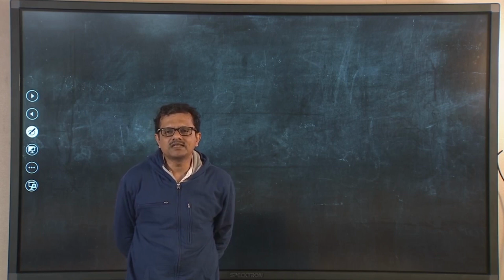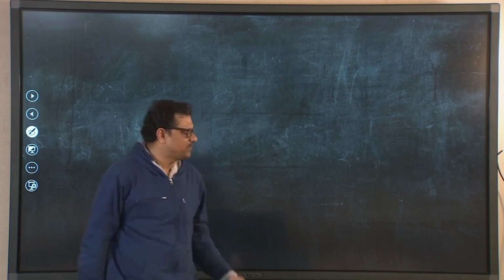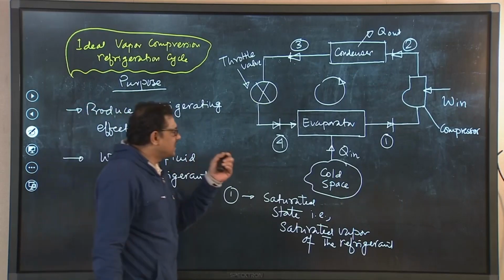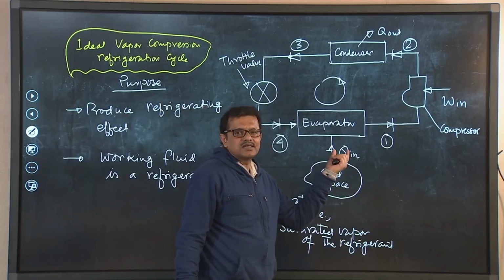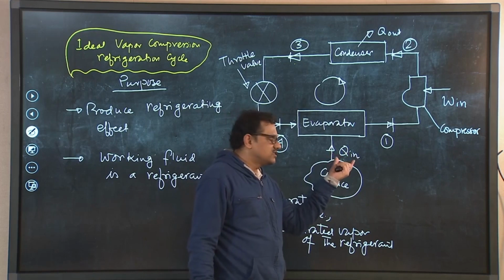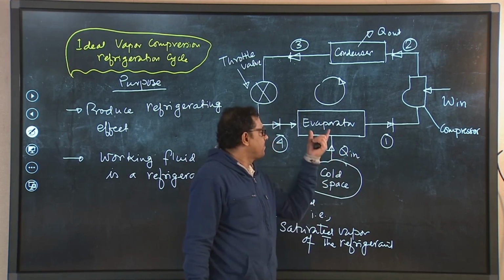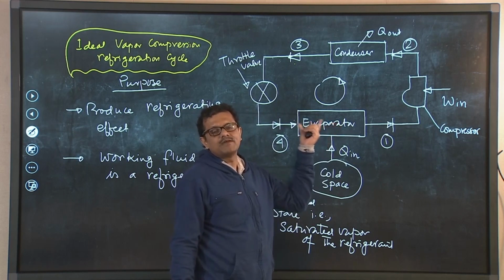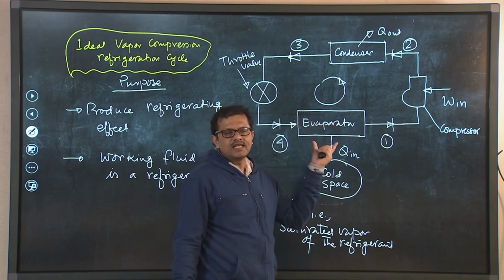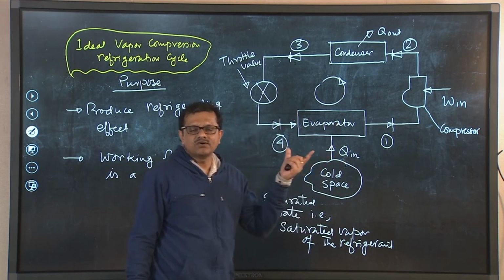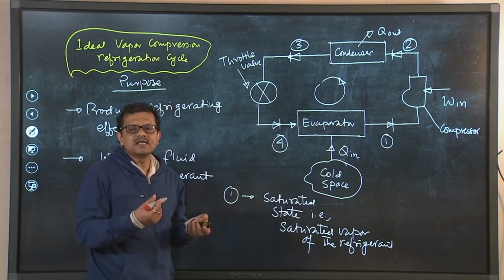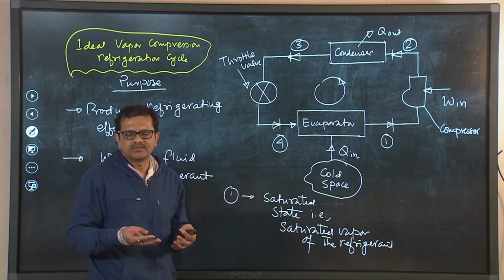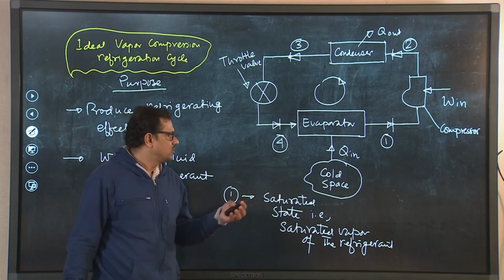If we look at the schematic, the refrigerating effect is the extraction of energy from this cold space per unit mass flow rate of the refrigerant. Typically that effect is expressed in terms of tons of refrigeration. I will be discussing this.